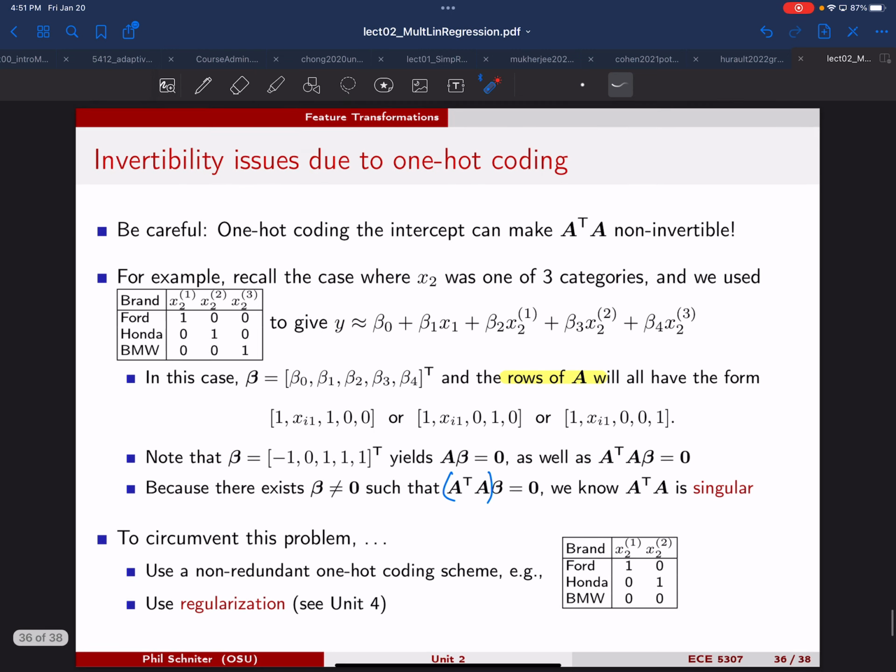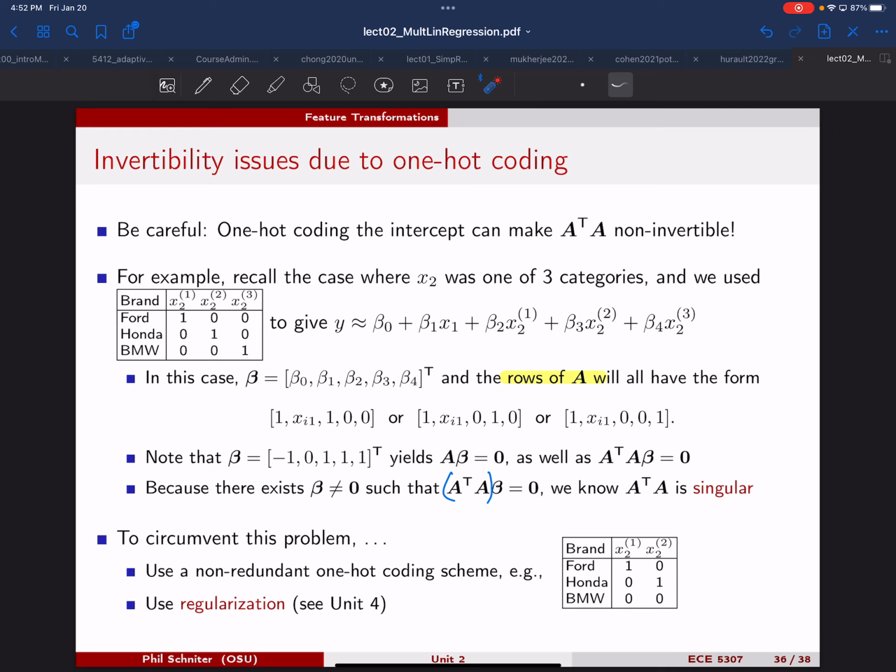It's an easy fix to the problem. The same applies if you have 2 categories. I would start out by doing this, but then I would have the same problem with non-invertibility, and I would want to get rid of this and do my one-hot coding with a single number, which is 0 or 1. So however many categories you have, you use one less one-hot coding possibility in this scheme.